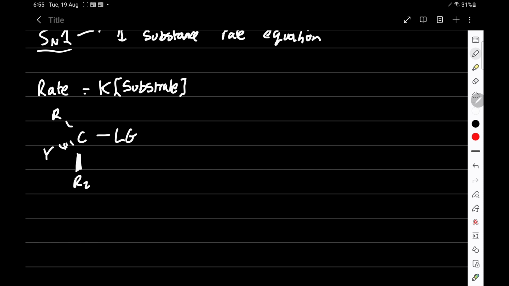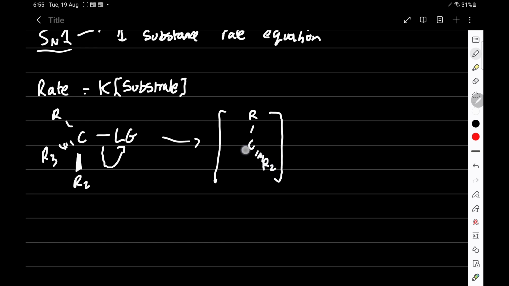The first step of an SN1 mechanism is the leaving group falling off. This creates a positively charged trigonal planar intermediate. This is known as a carbocation intermediate.